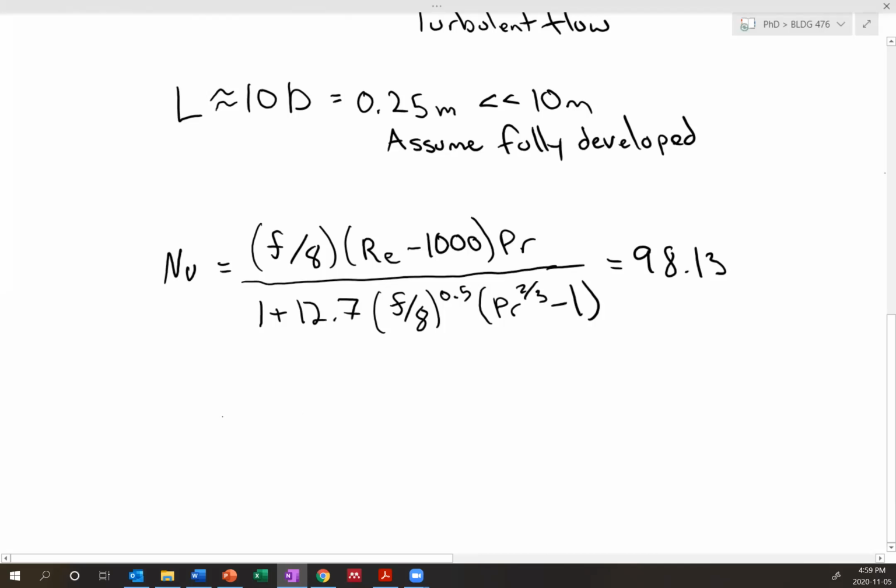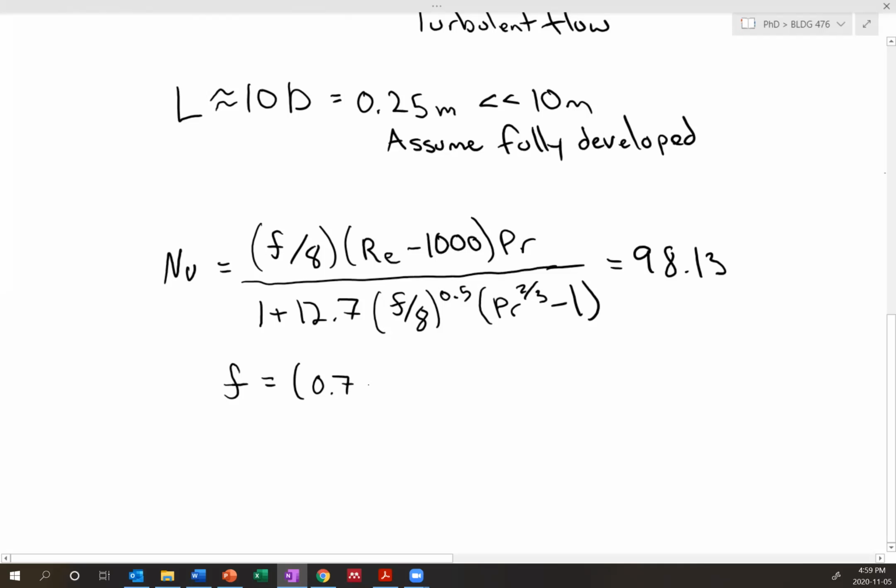We have everything in this equation except for our friction coefficient. Again, this time we're going to calculate our friction coefficient using a different equation because we are talking about turbulent flow. Last time it was 64 over the Reynolds number.